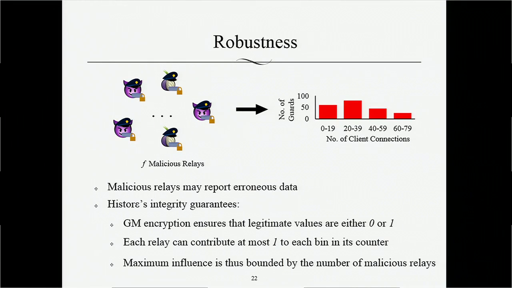However, malicious relays can only contribute 0 or 1 to a bin, because GM encryption ensures that if they submit some other value, they could be trivially detected. So at most, each relay can submit a 0 or 1 to each bin. Therefore, the total error is bounded by the number of malicious relays. And this is the major advantage of HisTorE over previous research studies.